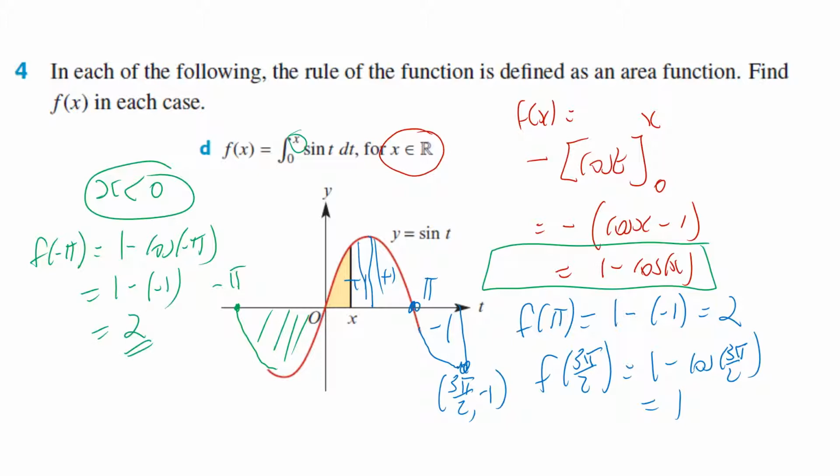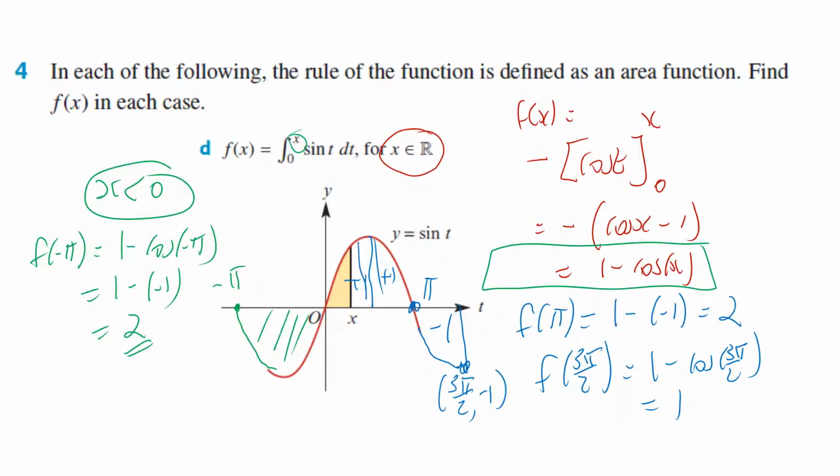Why is it positive 2 when clearly that sine area is below the curve? And it's exactly for the reason we've discussed before. If our upper bound is less than our lower bound, it'll be the negative opposite. So it's effective as a net signed area function for positive values of x. For negative values of x, it's the opposite.